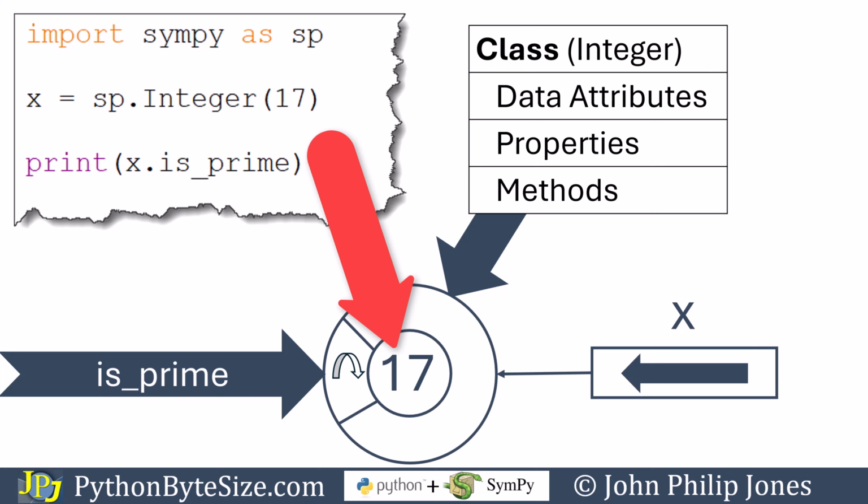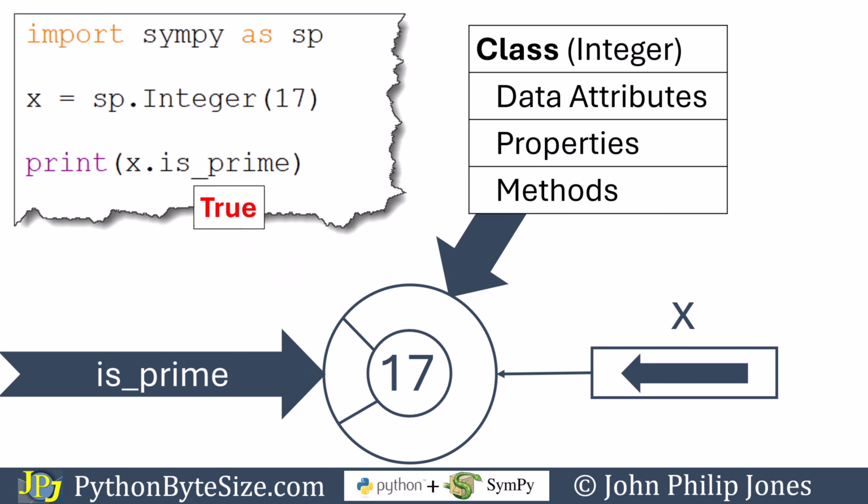Now, it is prime, as we've already seen. So what the property will do is generate true, because it is prime. And this true is then returned to the position in the program code that was responsible for sending the message. So it returns to here.